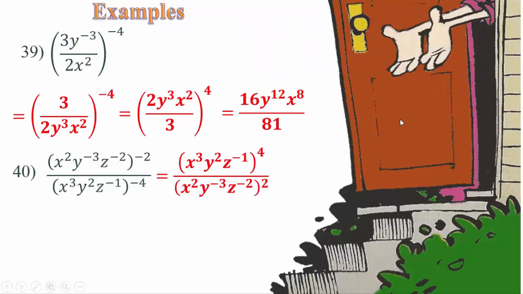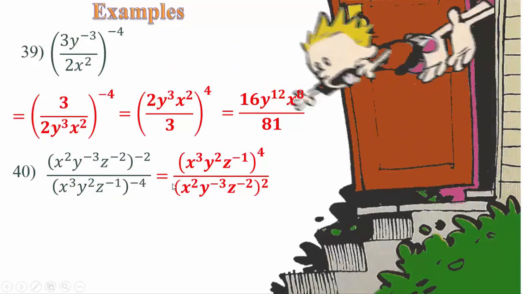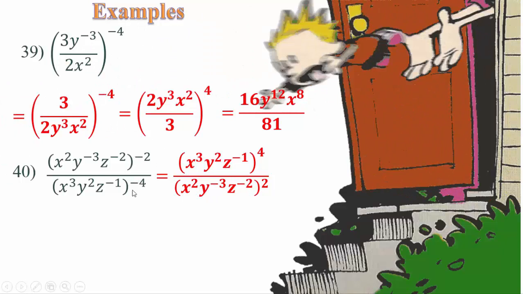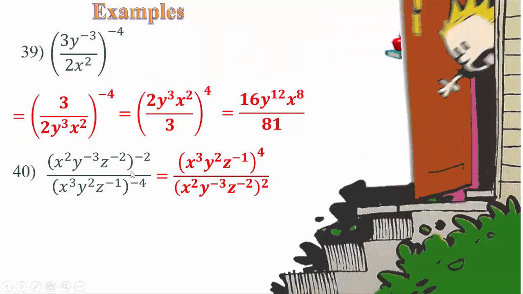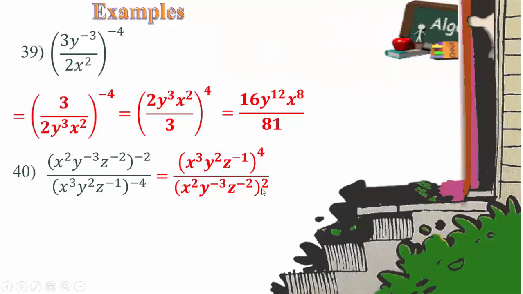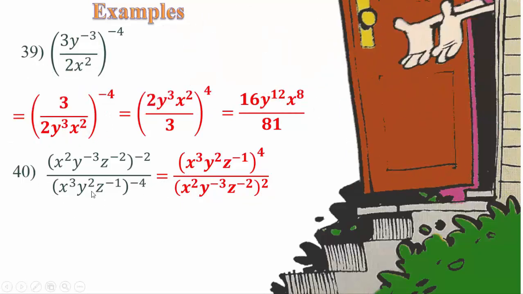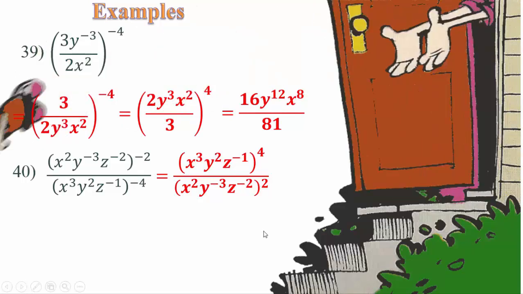Summarizing example number 40. As you noticed, in this case, I did the negative exponents first, taking this entire expression and putting it on the bottom, and making it positive, and taking this entire expression here and putting it on top and making it positive.